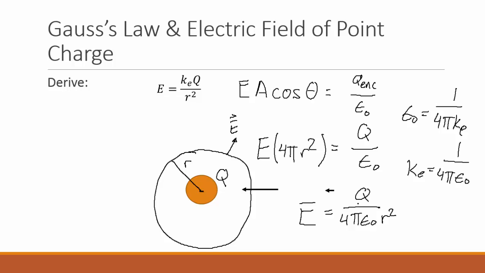And I already have 1 over 4 pi epsilon naught showing up. So this then equals k sub e, this front part, Q over r squared, which is the formula we started with.